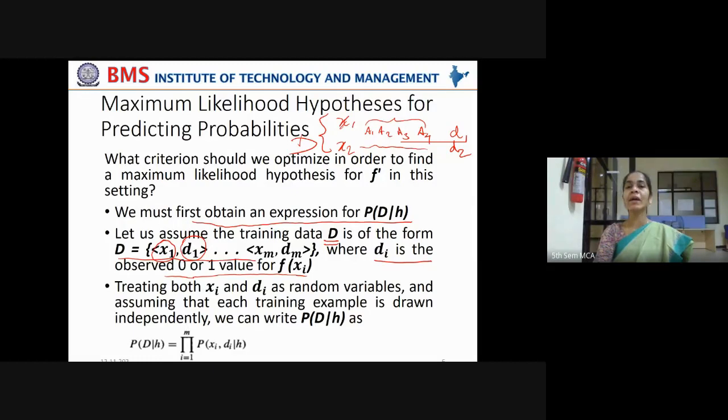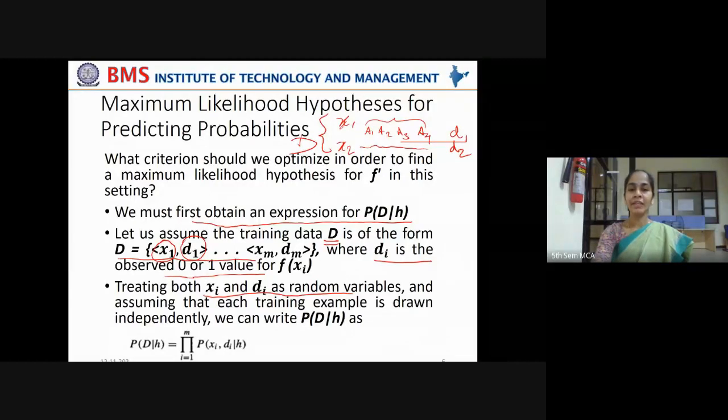We have just given P of D given H. But let us take xi also as a random variable, meaning it may not belong to the same set of values. There is some uncertainty in the training examples which is leading to 8% of patients not surviving though they have the same symptoms. So the value is random here. You can't stick to the same distribution in the attribute values.